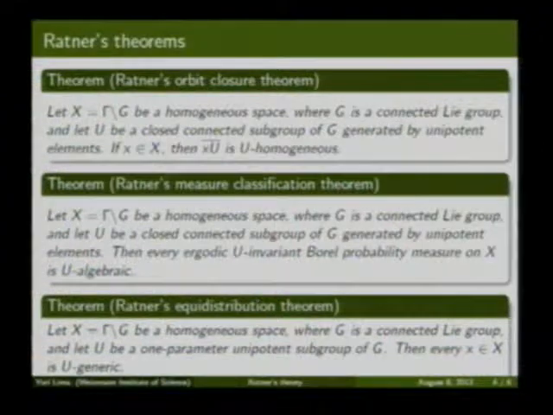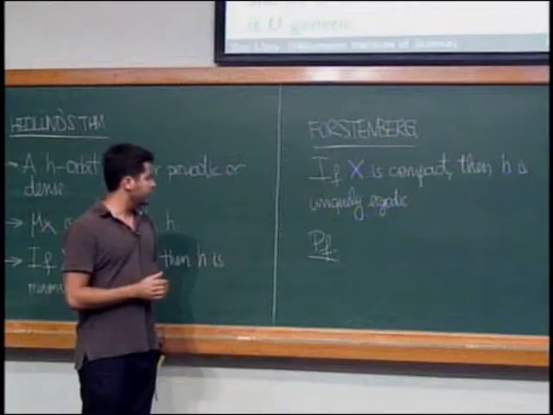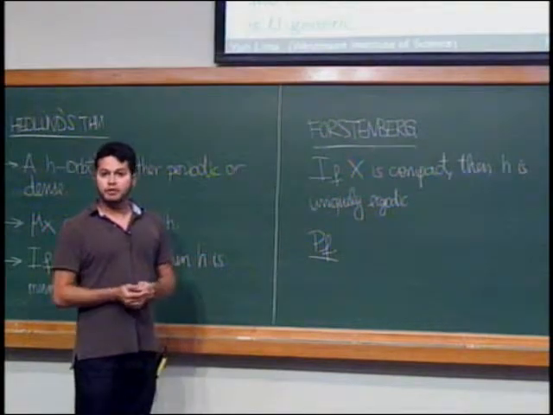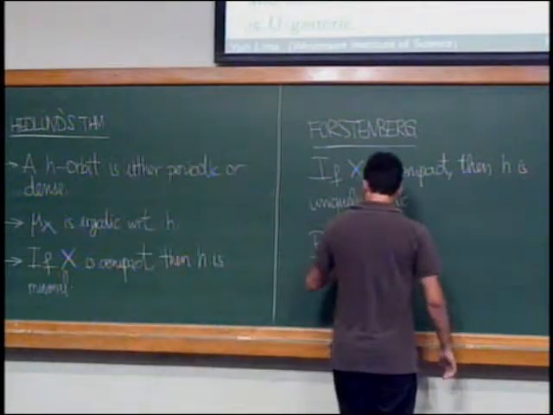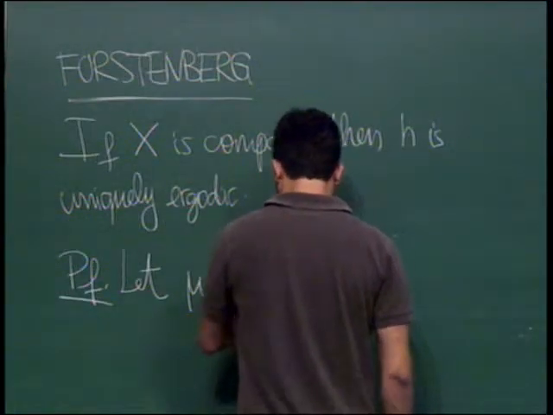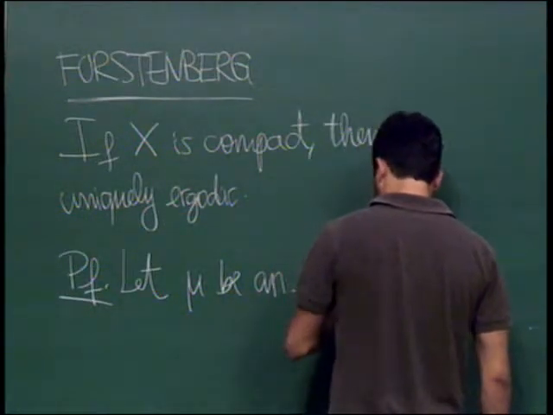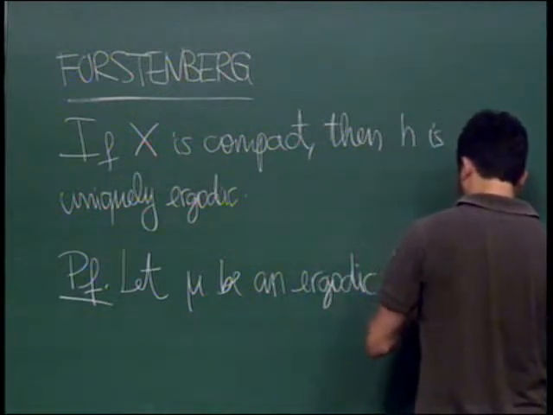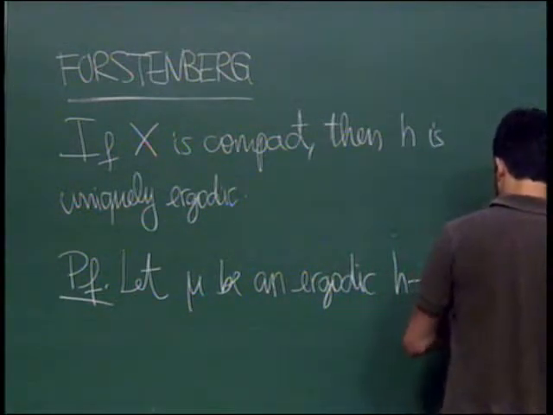So how do you prove that such a thing is uniquely ergodic? Well, first of all, you get an ergodic invariant measure. So let mu be an ergodic H invariant probability measure.